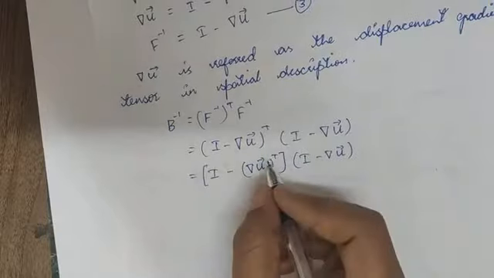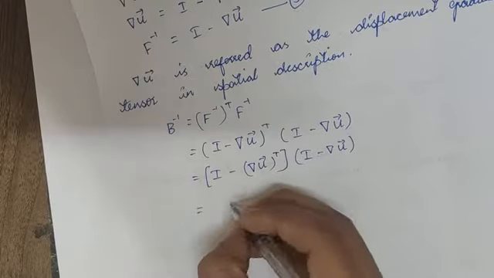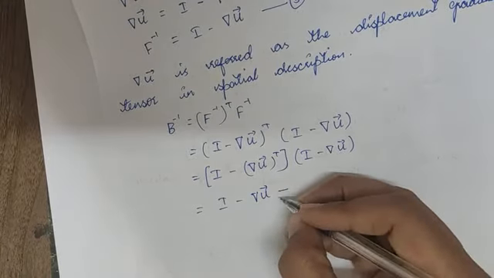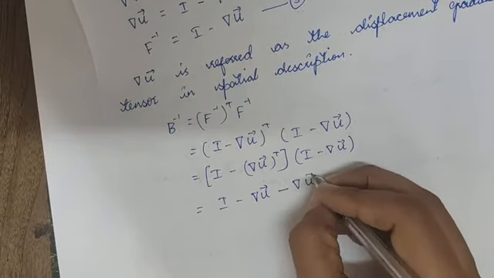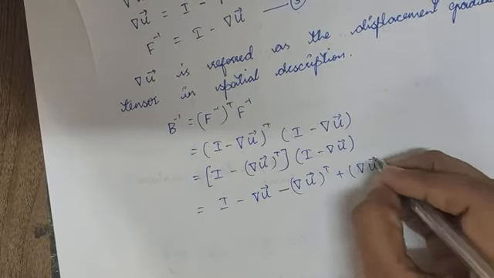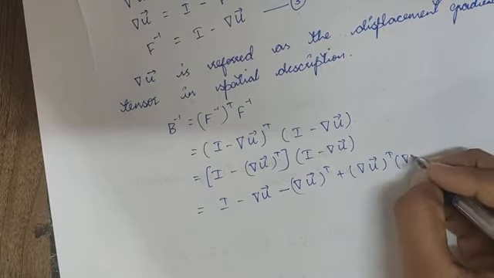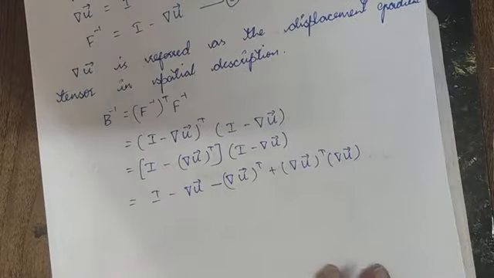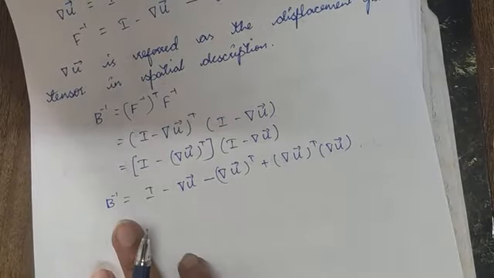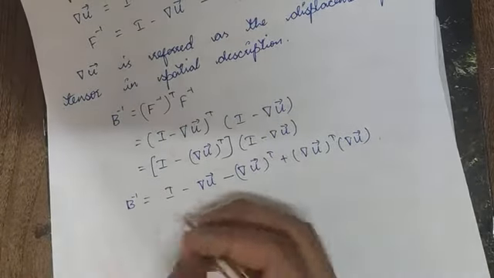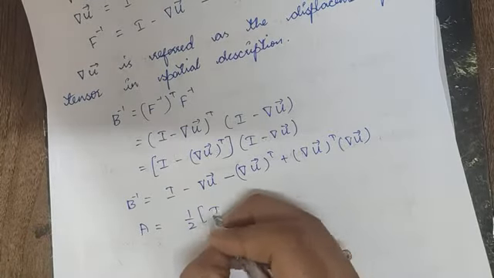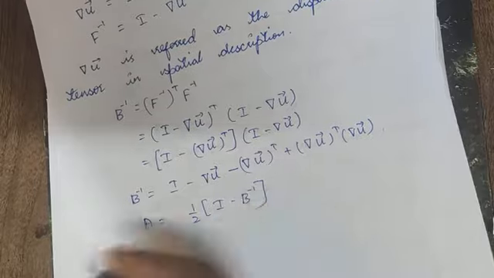If you simplify this, you will get I minus del U minus del U transpose plus del U transpose into del U. This B inverse leads you to find out what is A. So we have A is equal to half into I minus B inverse.